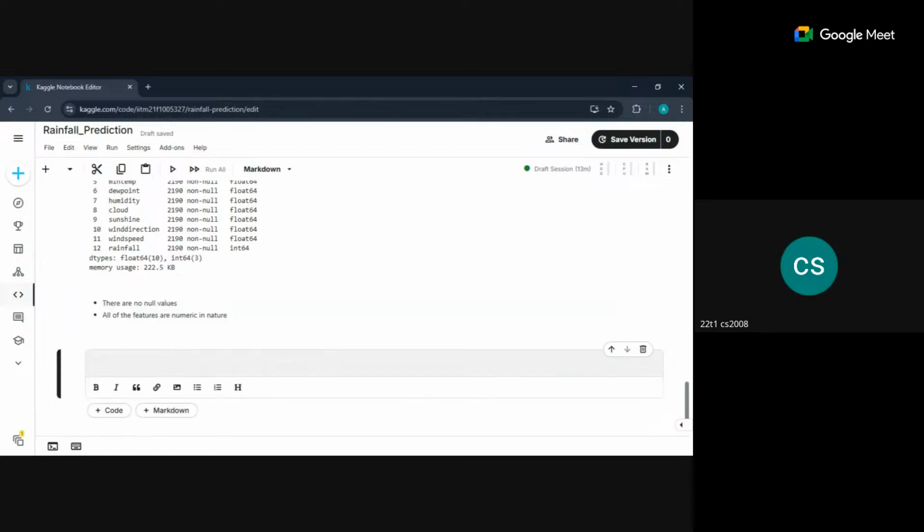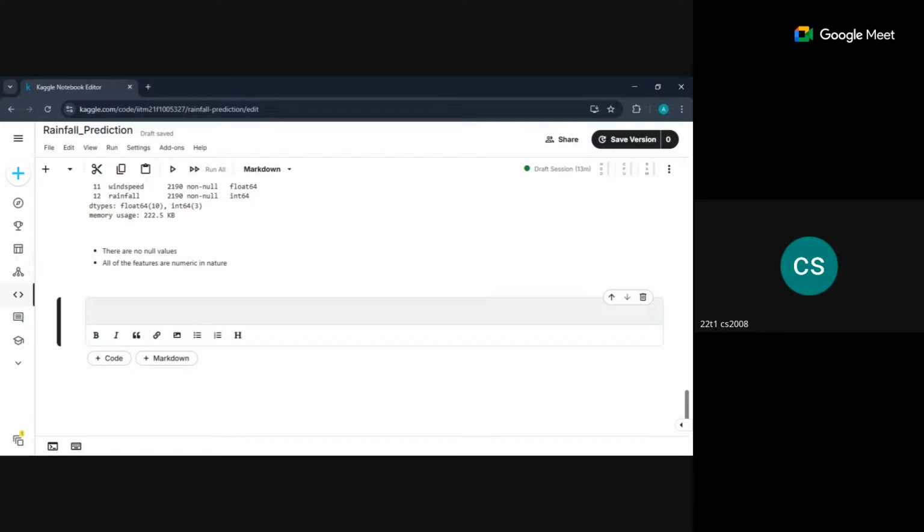Okay, what is some other next code snippet? What can I write? Sir, pair plot. Okay, pair plot. What else? Sir, will value count be useful here? For which column will we use value count?